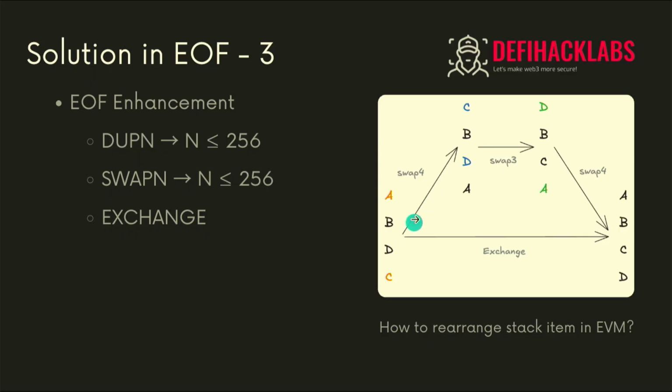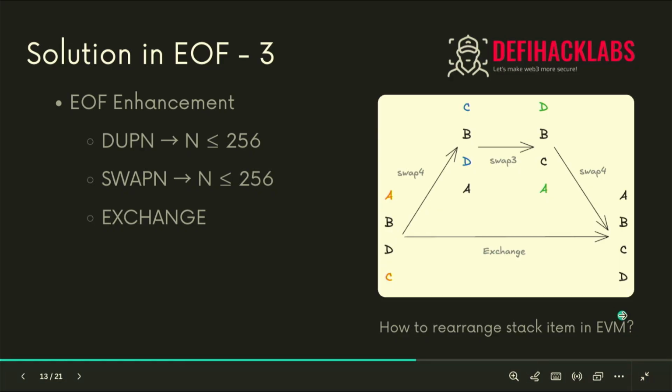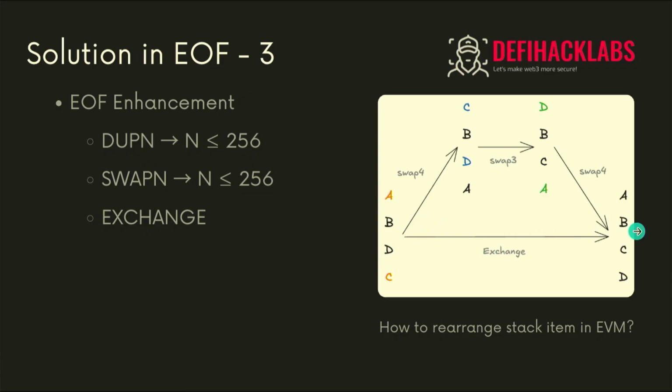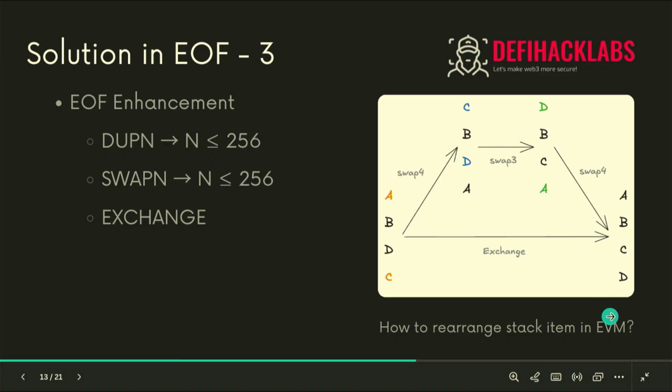The first one swaps A and C. The second one swaps C and D. And the final one swaps D and A. And you get A, B, C, D. But now you could specify that you want to directly swap D and C. So the final result would be the one we want. The same result, but now we only need one operation. That's how this EIP improves the legacy EVM.